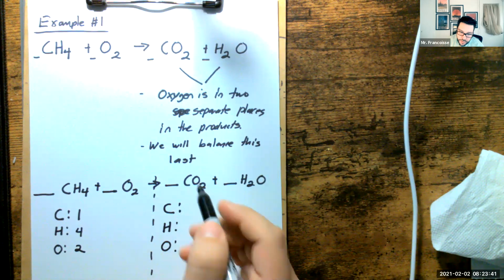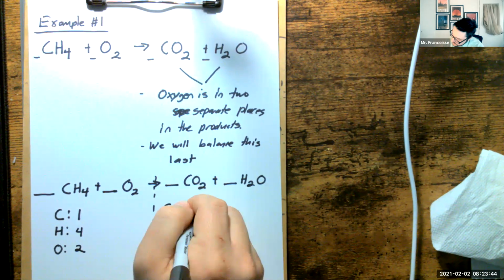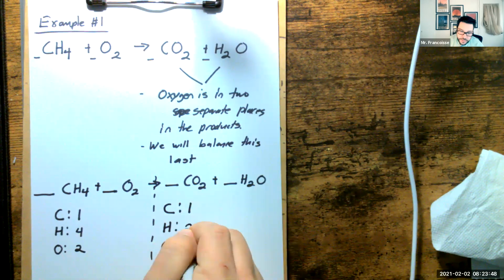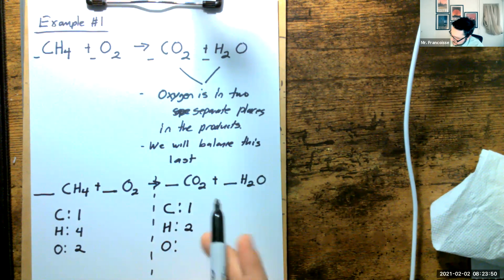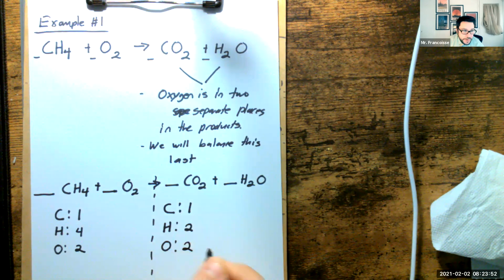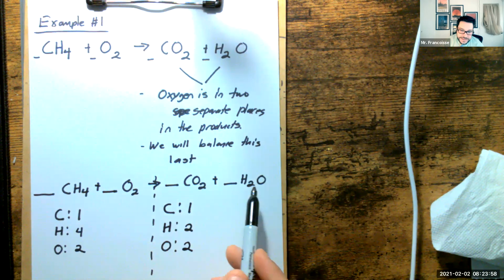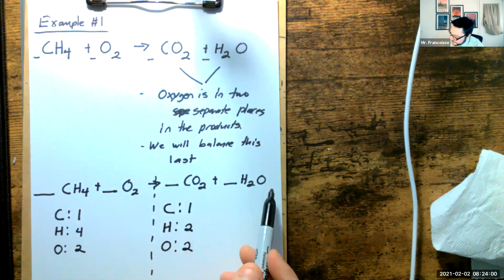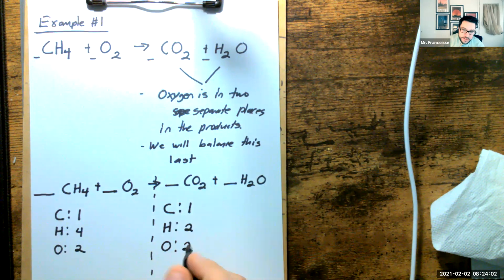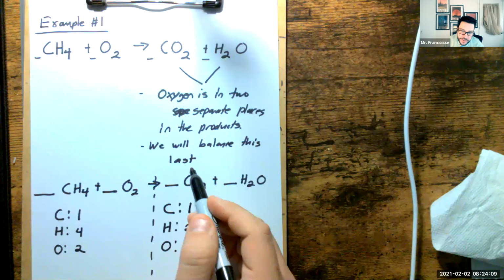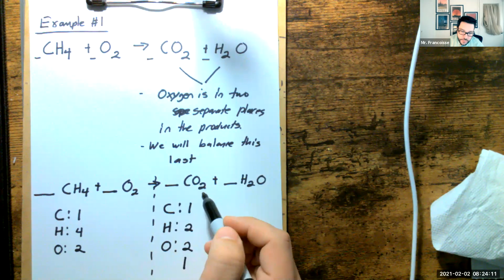So we have 1 carbon here, 2 hydrogen here. And this is where it's going to be important. If we look at oxygen, we have a total of 3, 2 here and 1 here. But instead of adding these together right now, we're going to write them separately. The reason why is if I put a number in front of here, that's going to change how many oxygen I have total.